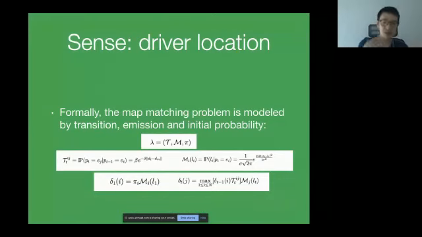We also need to model different probabilities to map the relationship between the hidden state and the real observations. So basically, we need to figure out the transition probability, the emission probability, etc., to make sure the model we have in theory can really model the observations, the real data we collected from our mobile phones.